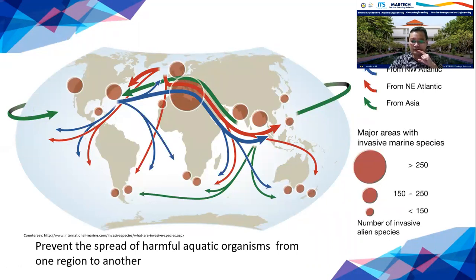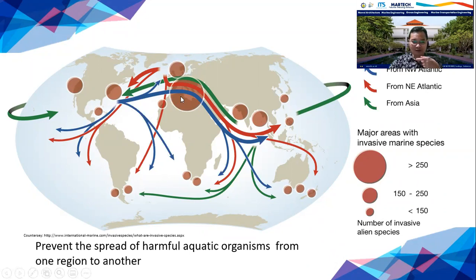If you have a look at this one, it is from north to the west, for instance. From the north to the west. So if you see this one, there are some major areas with invasive marine species. This is the figure.